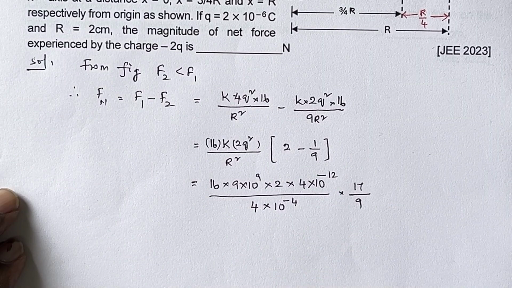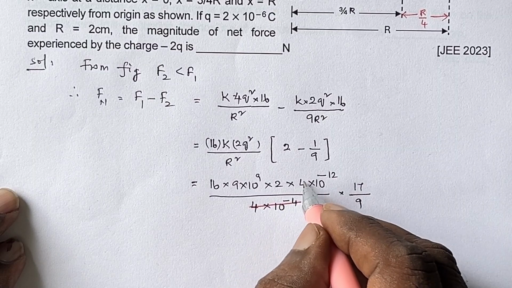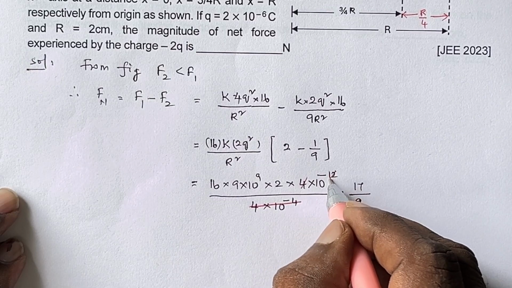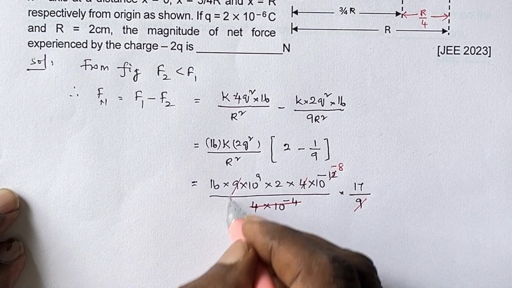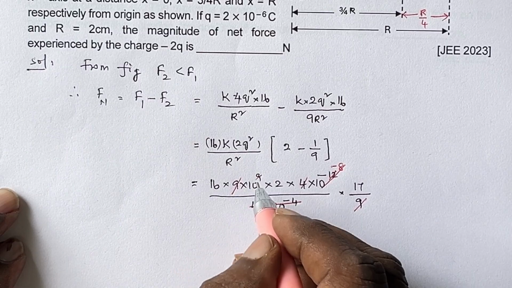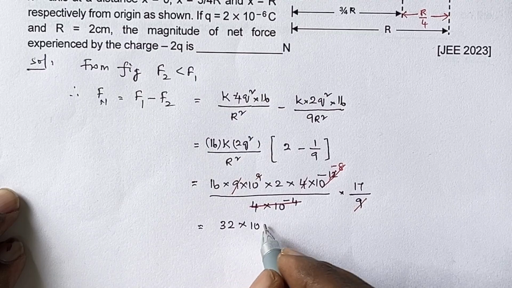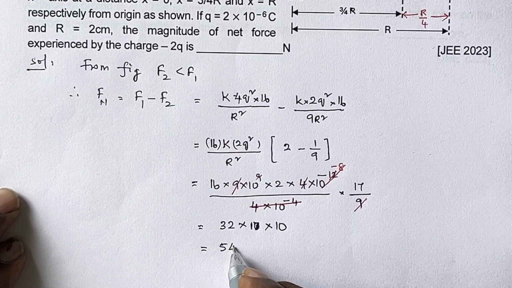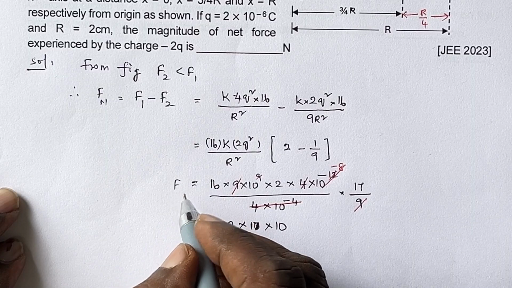What are the things that cancel each other here? 4 into 10 to the power of minus 4 will go. 4 into 10 to the power of minus 12 is there. This is minus 8. So 9 and 9 cancel. 10 to the power of minus 8, and this one 10. 16 twos are 32 into 17 into 10, 5440 Newton. So this is the net force acting on that minus 2q charge.